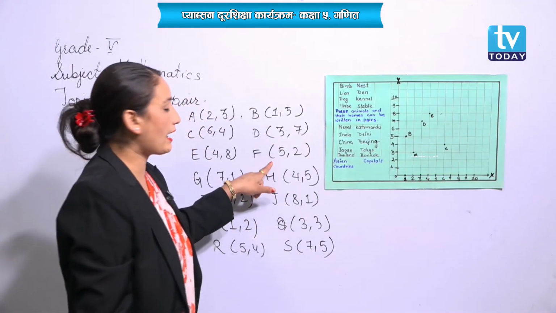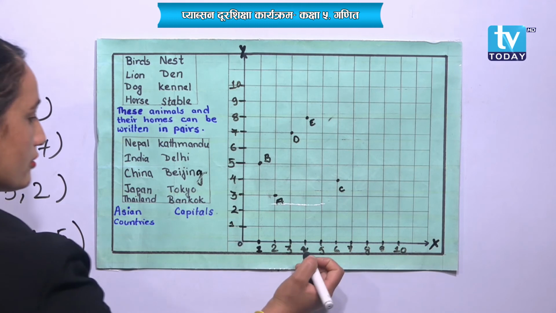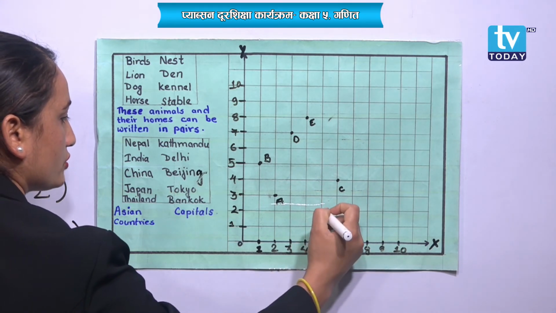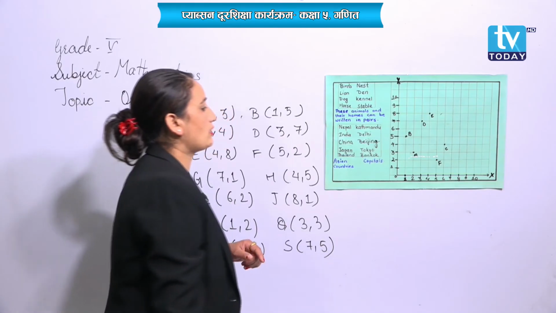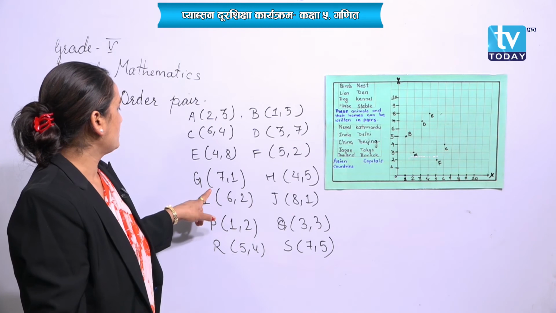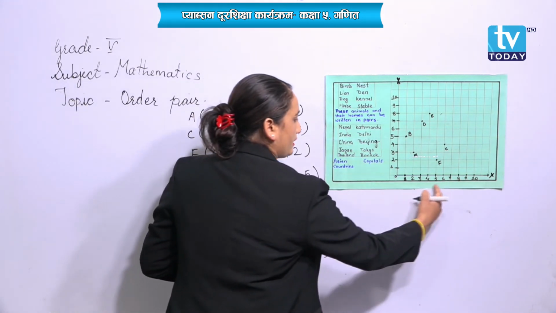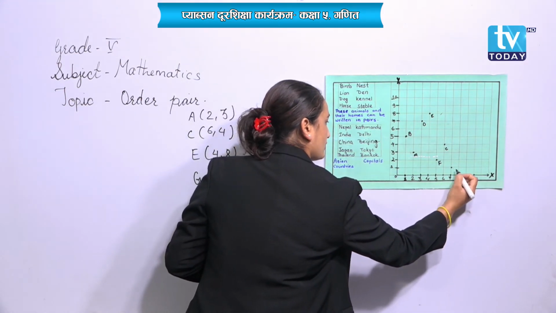Now F (5, 2). So 5. F is (5, 2). Write down here F. Now G (7, 1). Go to this side. It's 7 and upper part it's 1.